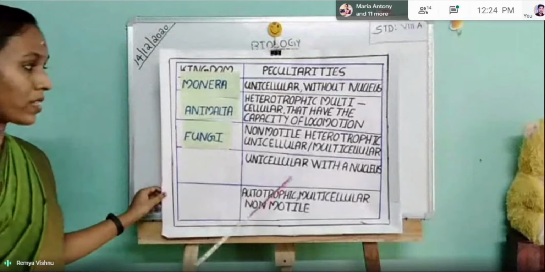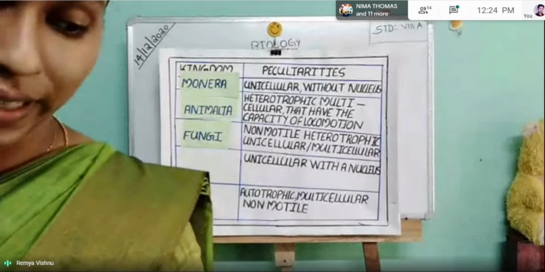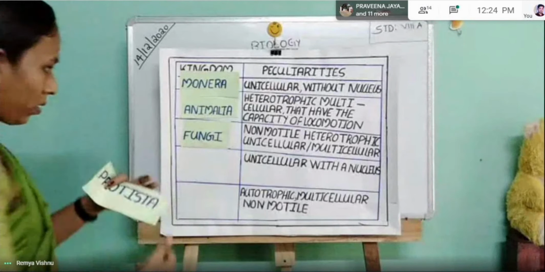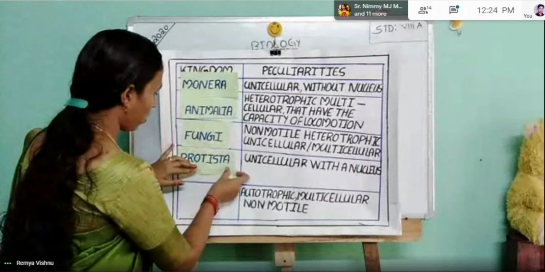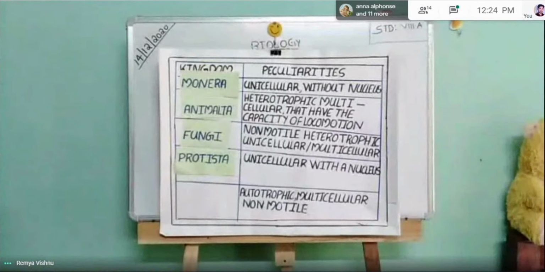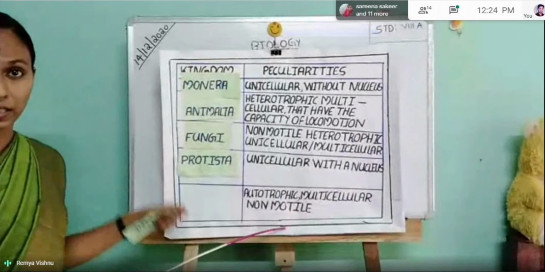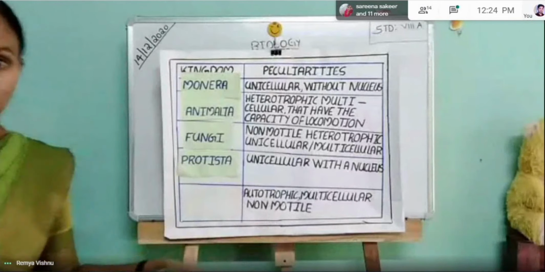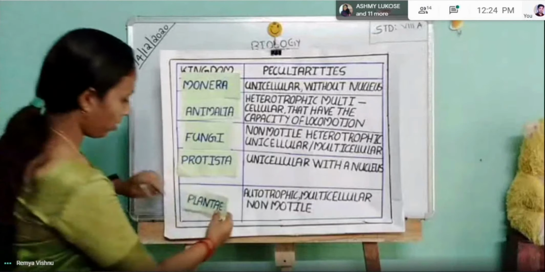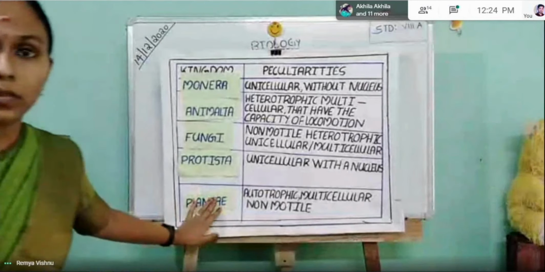Next is unicellular with a nucleus. Protista. Okay. The next kingdom is autotrophic, multicellular and non-motile organism. Which kingdom? Plantae. Very good. Are you clear? Yes.